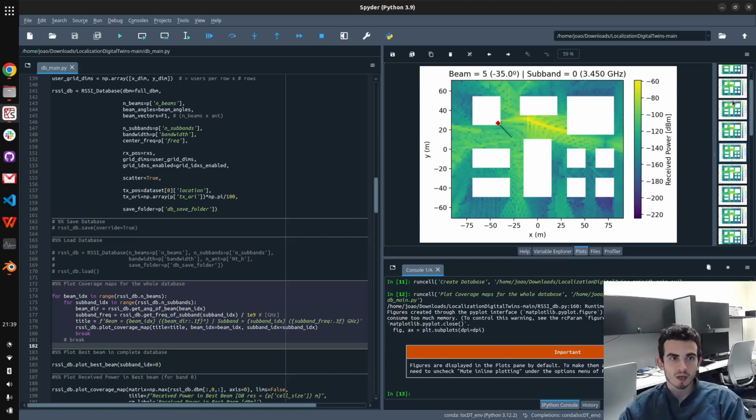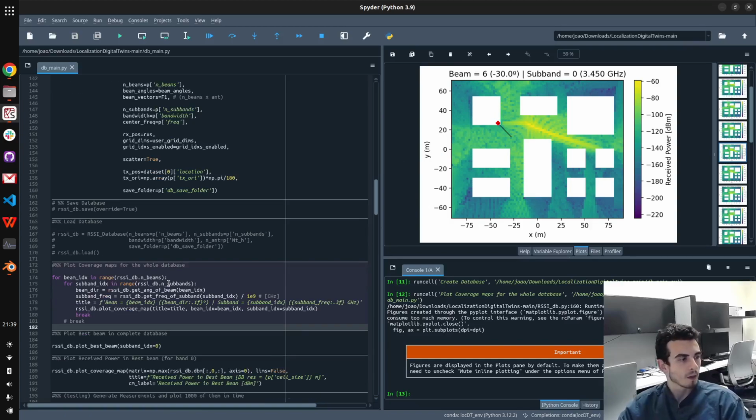Essentially, you see here the coverage in each position from using a certain beam, and this is for a certain band. So if a user measures, for example, minus 60 in beam 6, then we can tell most likely the user is here along this beam.